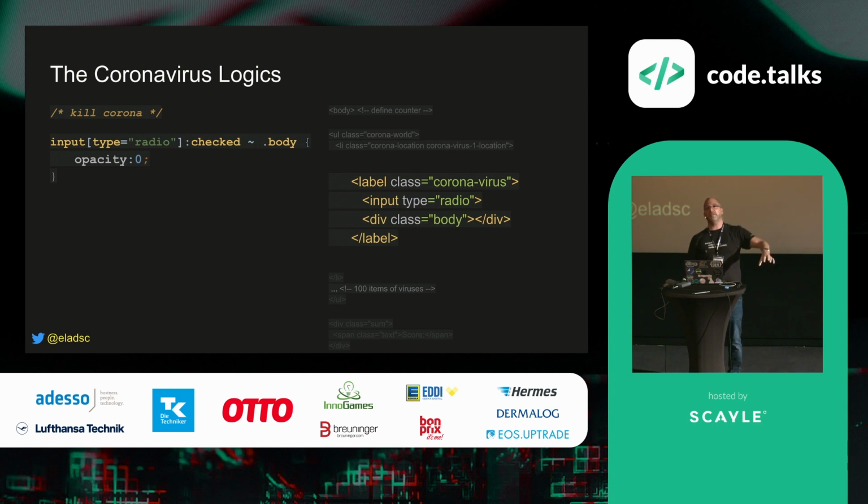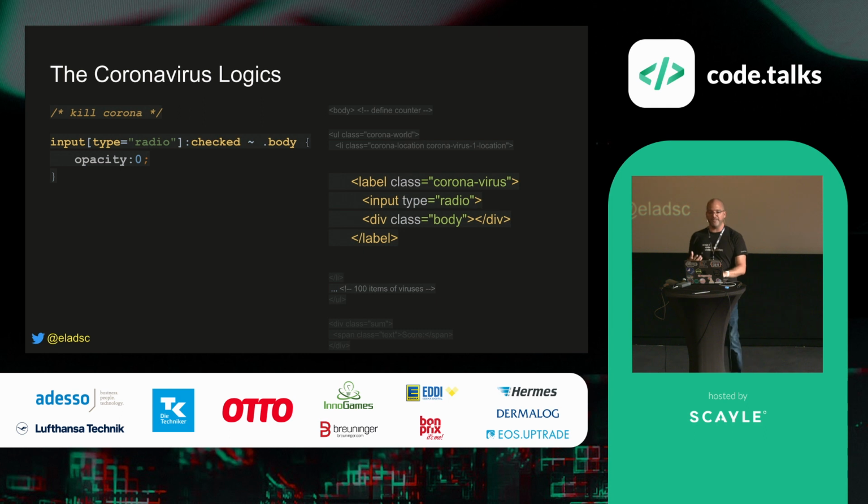So you are clicking on the visual part, it's like you are clicking on the label, it's triggering the input type radio inside, and it's changing its status from unchecked to checked. This status of checked is telling us that the virus is dead.